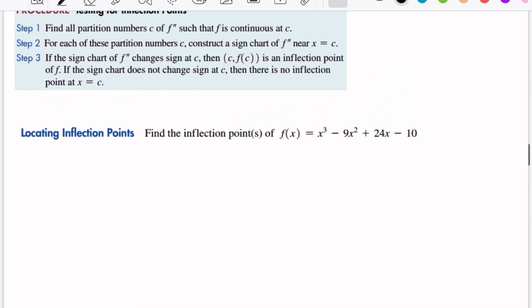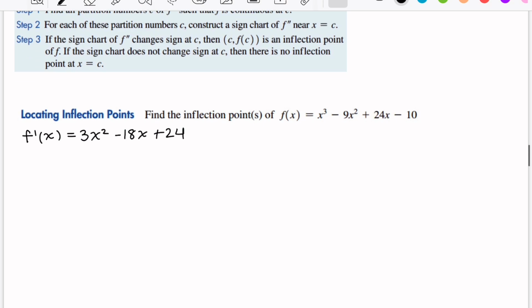First thing we want to do is find all of the partition numbers. So we know that we're going to need to find the second derivative of our function and find the partition number of that. So the first derivative of our function is going to be 3x squared minus 18x plus 24.